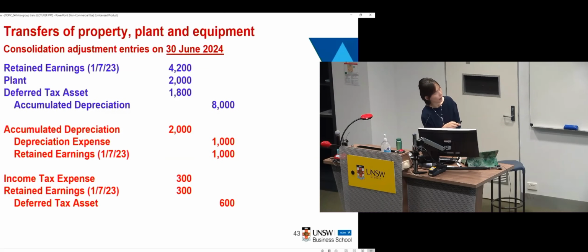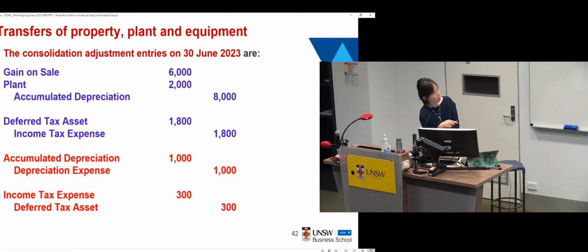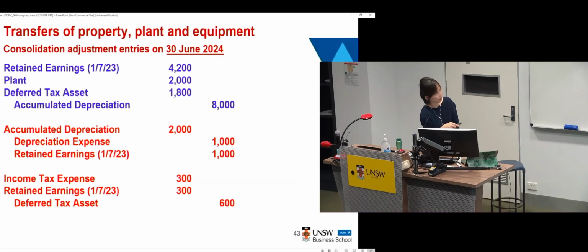So the after-tax unrealized gains, which are contained in opening retained earnings, need to be eliminated by debit retained earnings for 4,200. Now adjustment of the plant cost, accumulated depreciation, DTA, now they are permanent accounts, right? They're all assets, they're permanent accounts. We just need to copy this down, right? You just copy down this straight line.